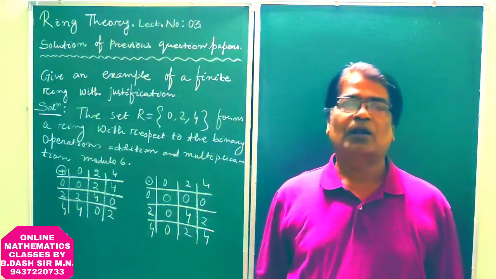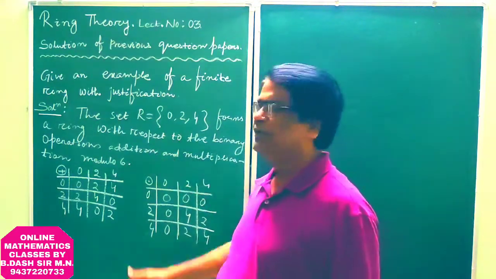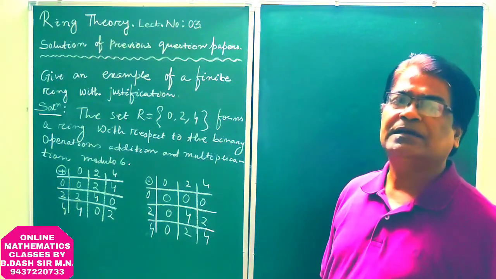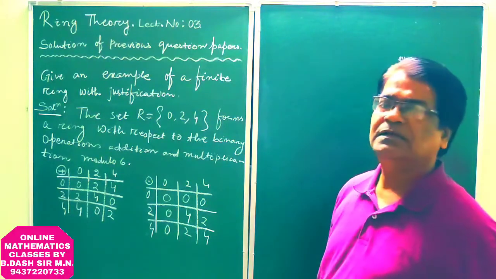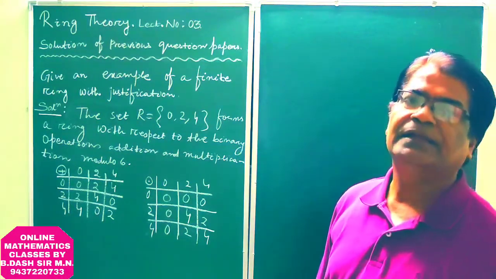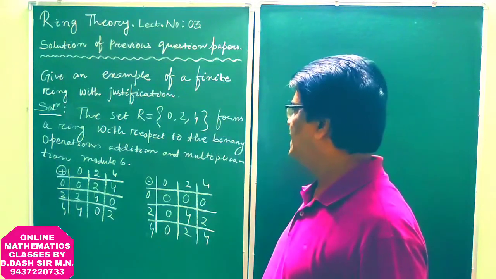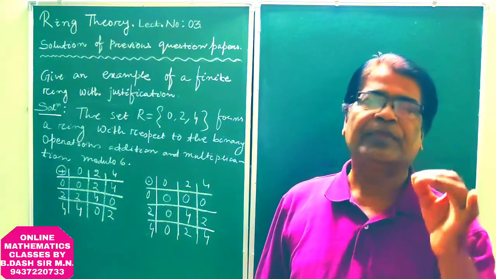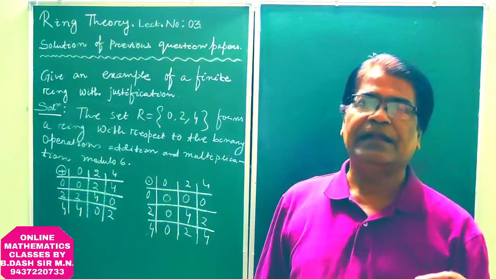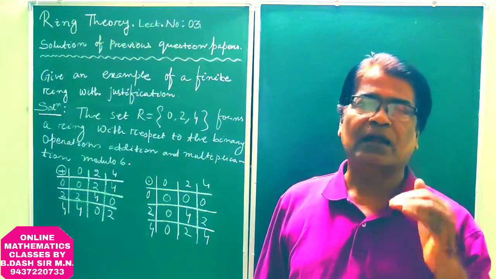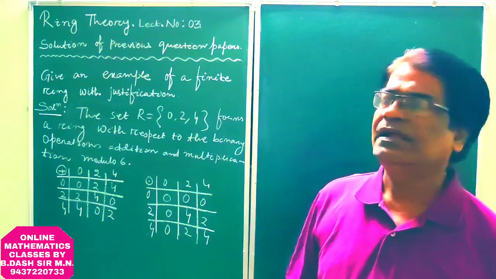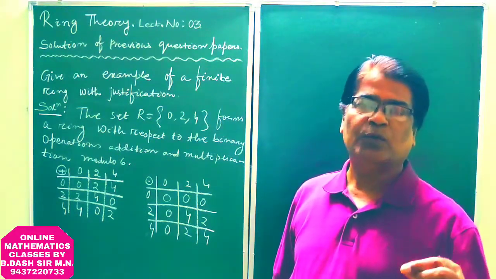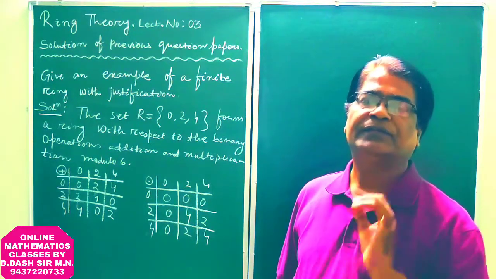Now, in order to prove this collection is a ring with respect to addition and multiplication modulo 6, we have to verify that the set containing 0, 2, 4 satisfies closure, associative, identity, inverse, and commutative axioms with respect to addition. It means the set R is an abelian group with respect to addition.